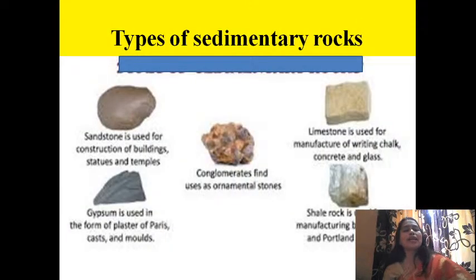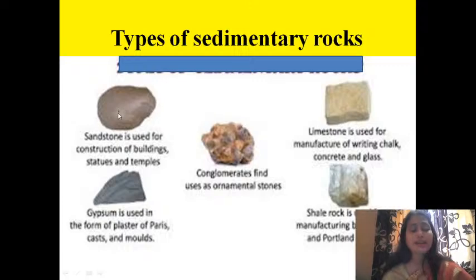Now you can see types of sedimentary rocks. Through this picture I am going to tell you about sandstone. Here you can see the types of sedimentary rocks are sandstone, conglomerates, limestone, gypsum and shale.